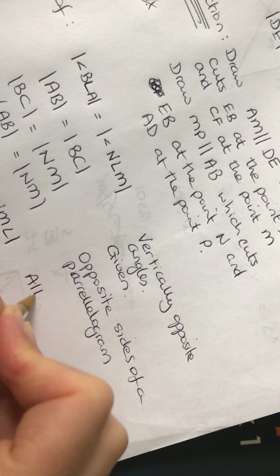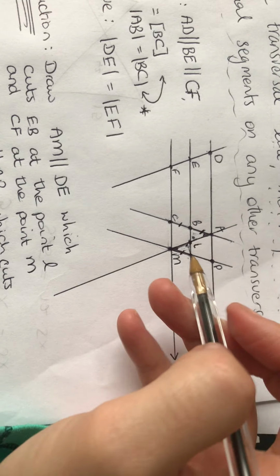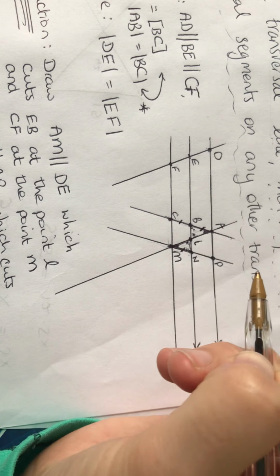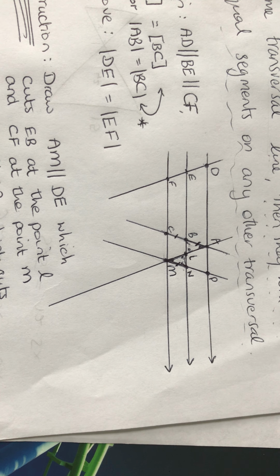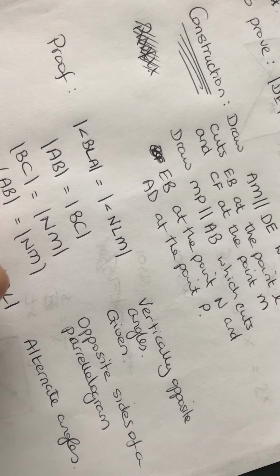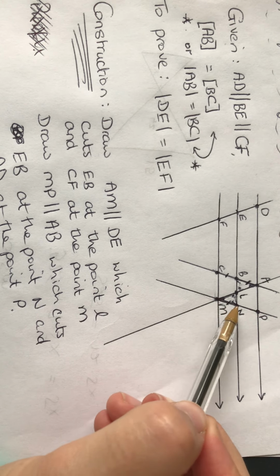They're alternate angles. Then by default I automatically know that these two are the same, the third angle in a triangle. So the angle ABL is equal to LNM.